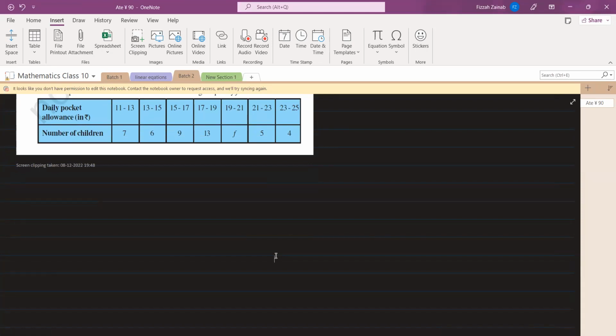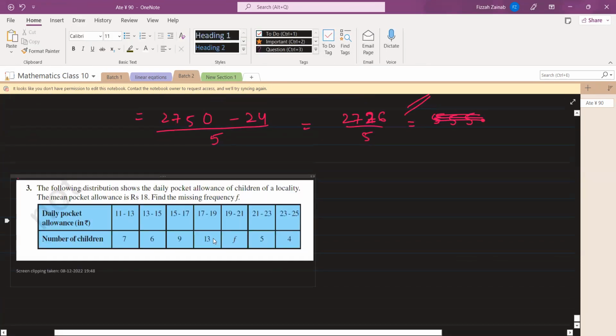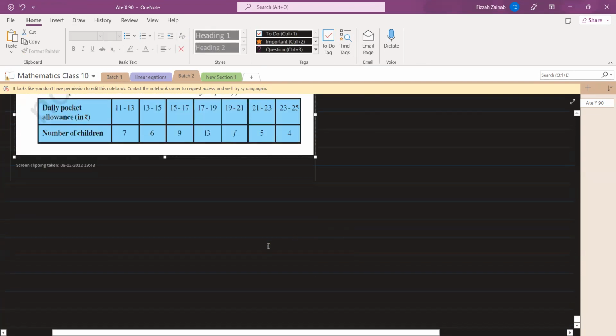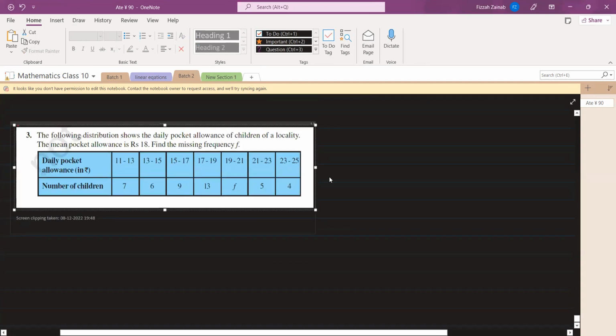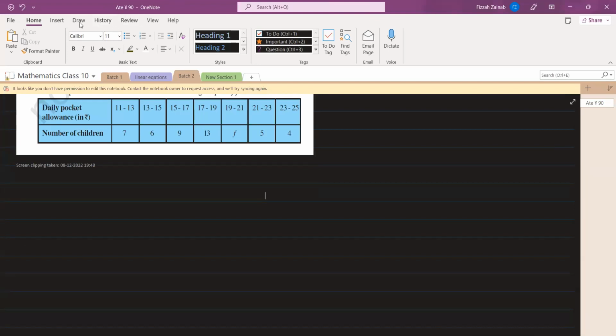Yes. So no problem, just put our first column. Is there any method written here? No, right? Find the missing frequency, that's it. So you can use any method you wish. We can use the step deviation mean method. Let us make a table.